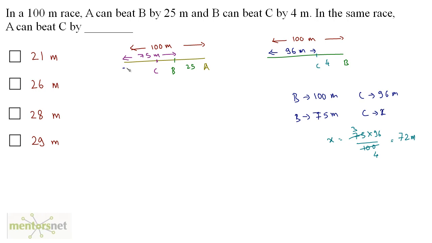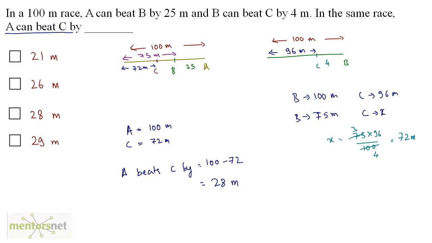This distance is 72 meters. So by how much distance has A beaten C? A has traveled 100 meters and C has traveled 72 meters. So A has beaten C by 100 minus 72, which is equal to 28 meters. And that is option C.